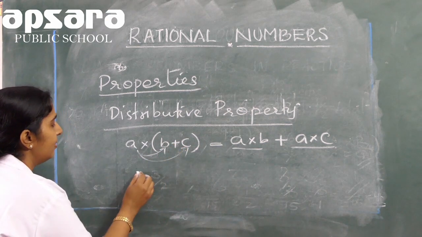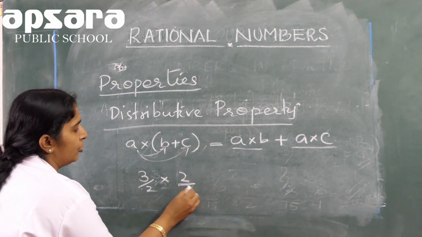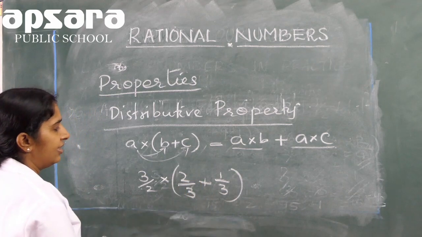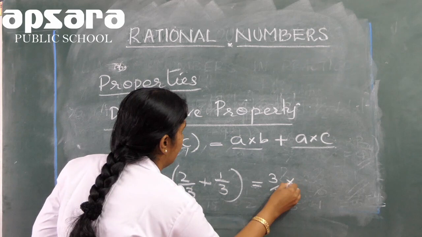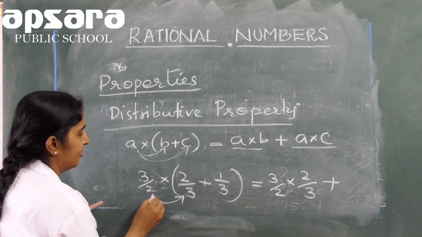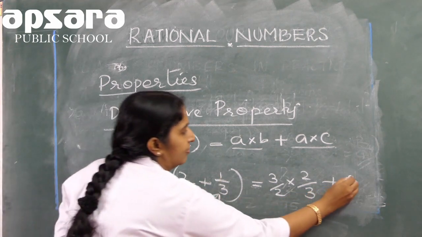Okay, one example. 3 by 2 into 2 by 3 plus 1 by 3 is equal to 3 by 2 into 2 by 3 plus 3 by 2 into 1 by 3.